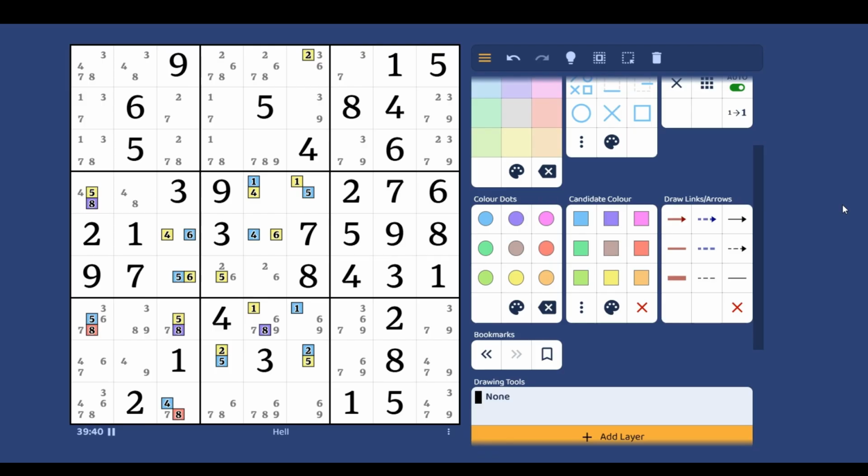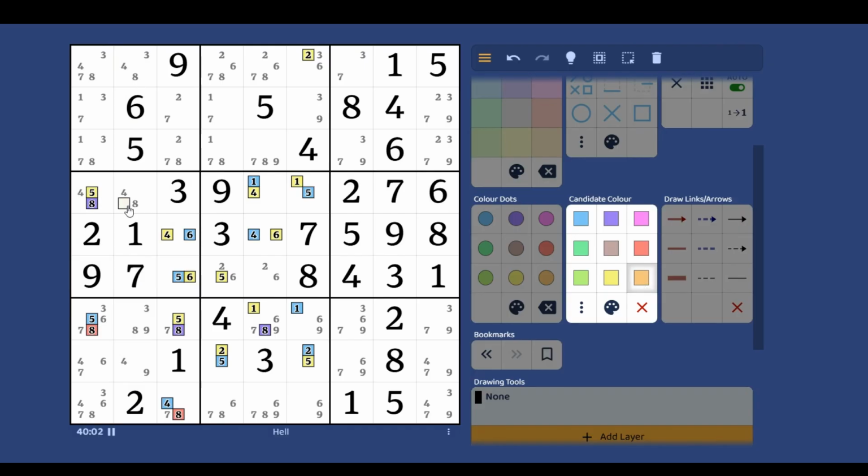So therefore, we could apply a supermark for the opposite parity. So the only case where this happens with 8s is these 8s that are bilocal in this row. So you'll see this 8, which is submarked for blue, is strongly linked to this 8, which means we could supermark it for yellow. So the color we assign for that would be orange.